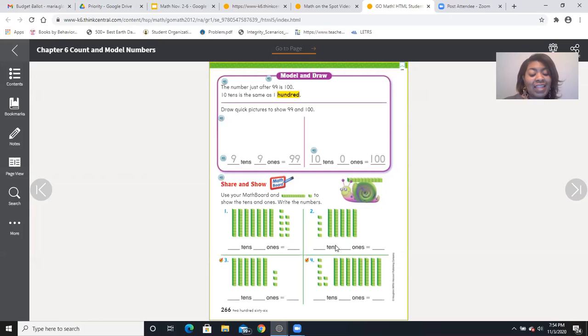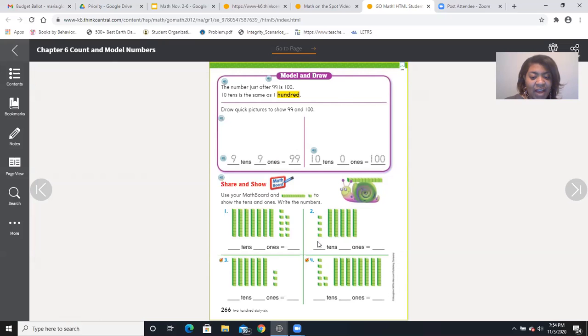All right, this one's trying to trick you. They put the ones first. So we can still figure that out, but we just need to be sure that we place it next to the word ones. So how many ones are there? 1, 2, 3, 4. So we would write 4 right here. And how many tens? 1, 2, 3, 4, 5.